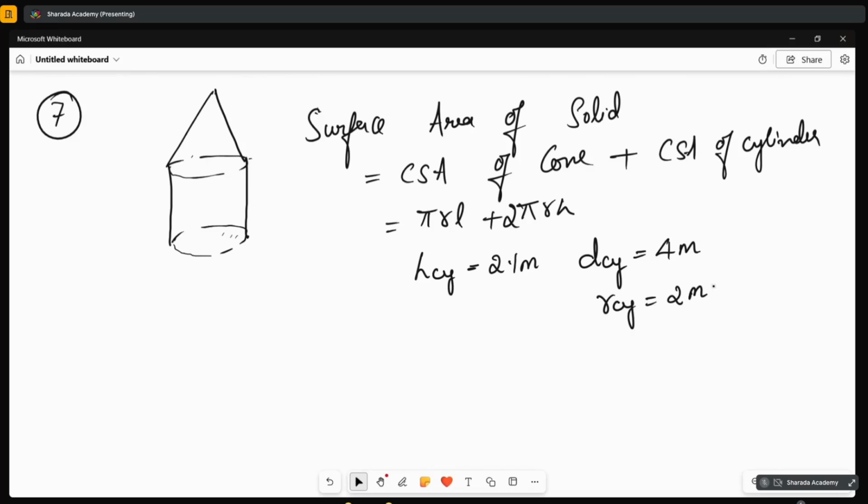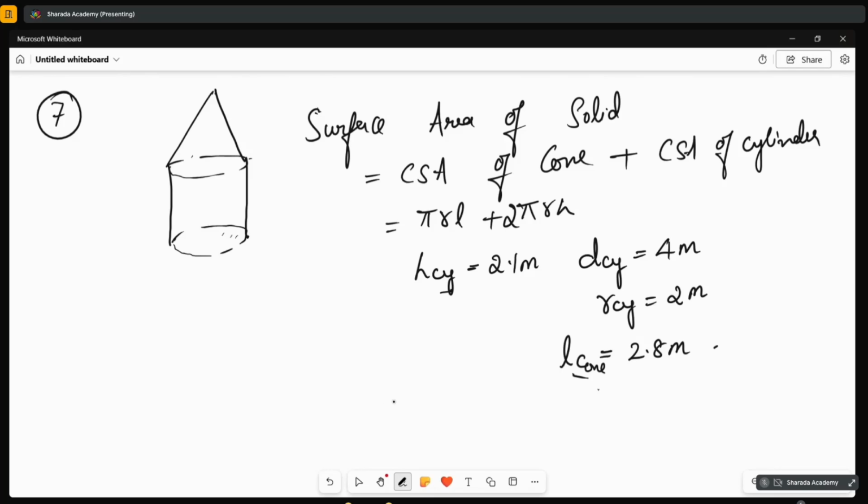And the slant height of the top, so l of the cone, is 2.8 meters. Slant height only is l, no? So no need to convert here. That's why I've written cone for this, because height of the cone and height of the cylinder will get confused. Understood now? Slant height only is given. Directly you can write.